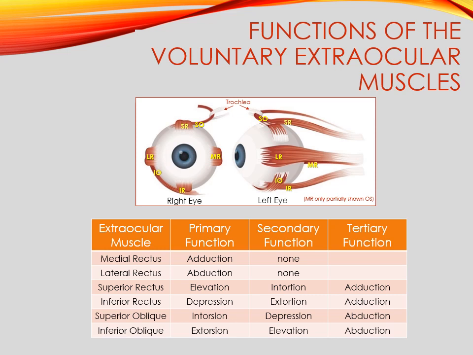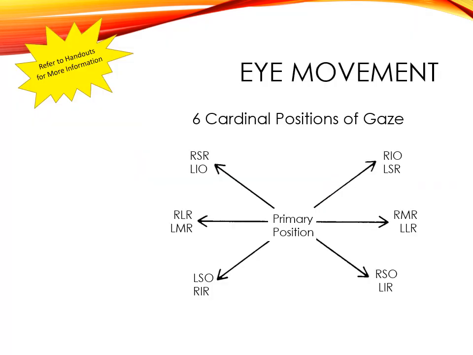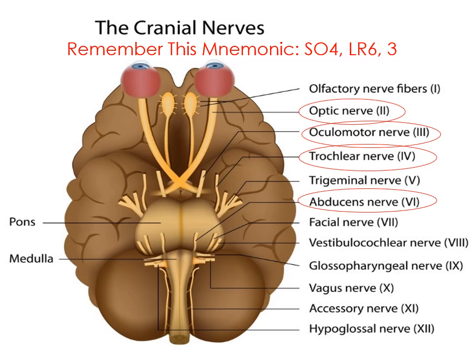The vertical effect of the obliques is greater when the eye is adducted. There are 6 cardinal positions of gaze: up and right, right, down and right, up and left, left, down and left. The cranial nerves which pertain to ophthalmology are the 2nd cranial nerve, the 3rd, the 4th, and the 6th.